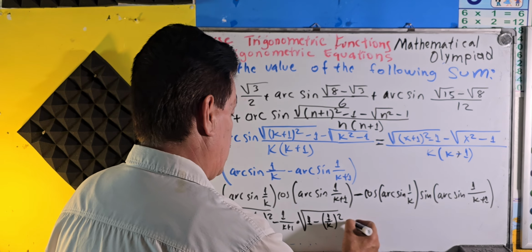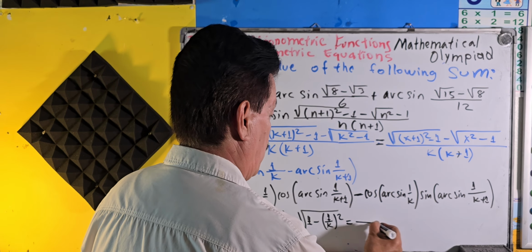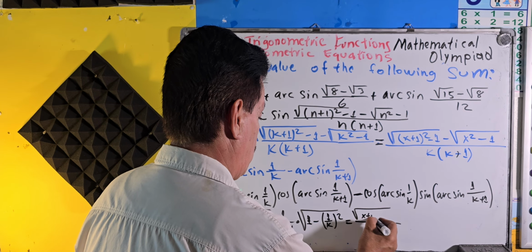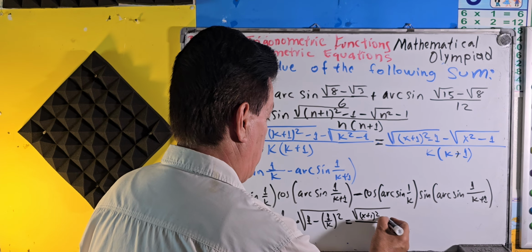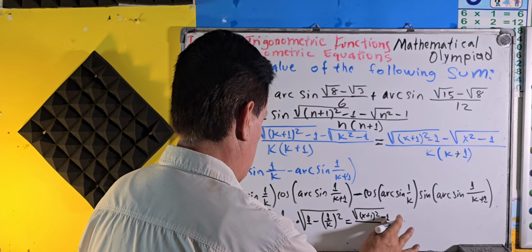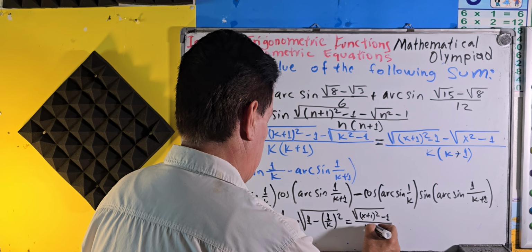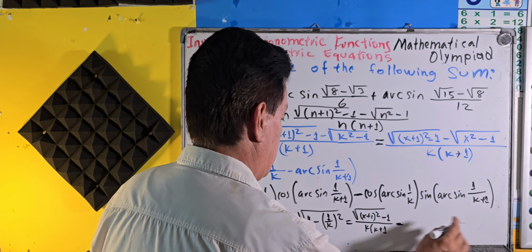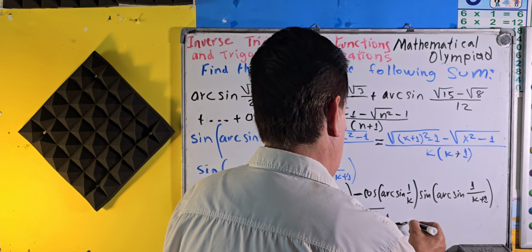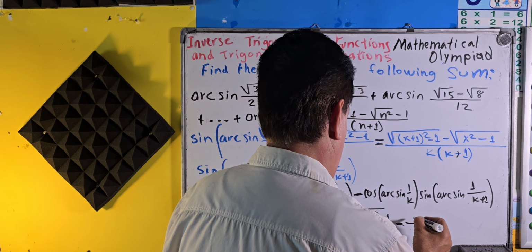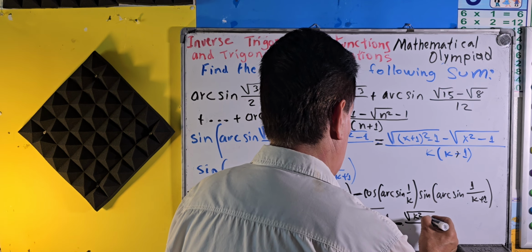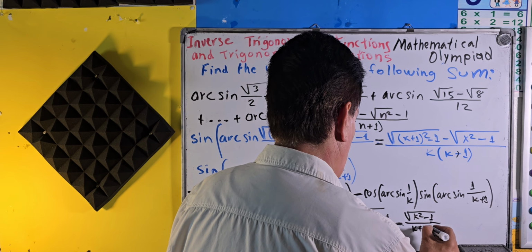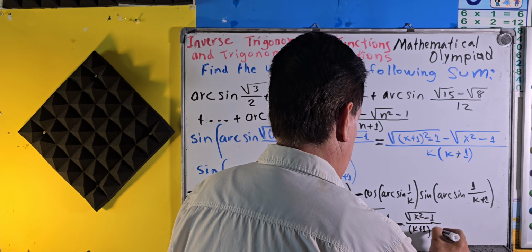All right, this will be equal. We'll have here a square root of x plus 1 to the second power minus 1, minus 1 divided by k times k plus 1. Here minus, we will have k to the second power minus 1 divided by k plus 1 times k.